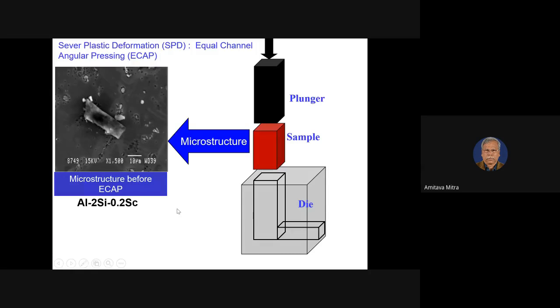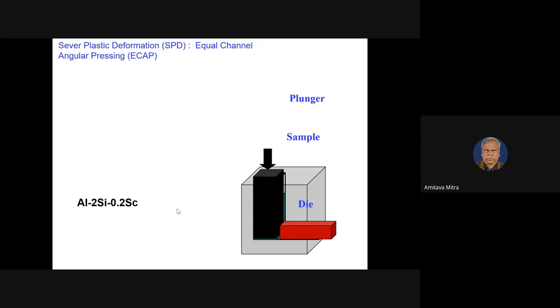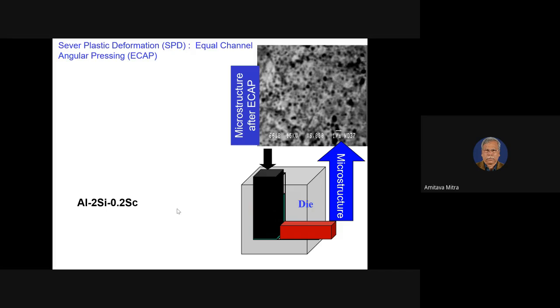If we go on with the process slowly, you see how much plastic deformation is taking place at the channel where the bending is occurring, and the sample comes out in the same shape as the initial material.